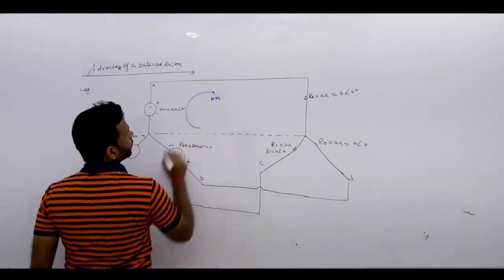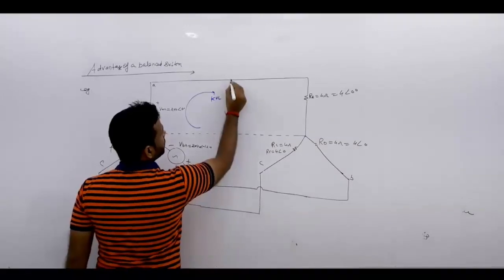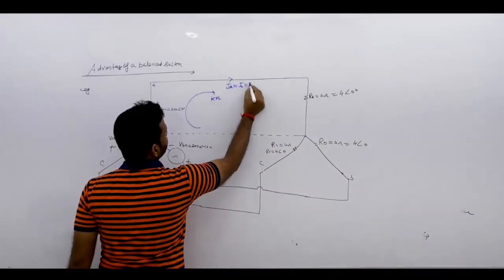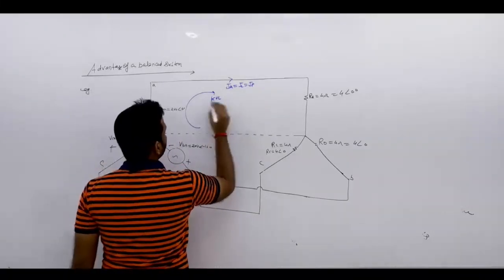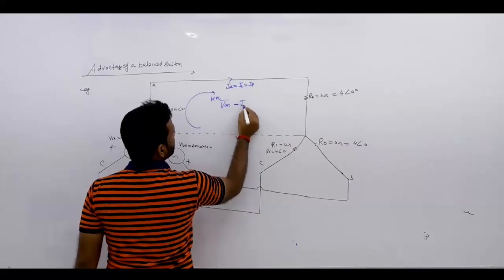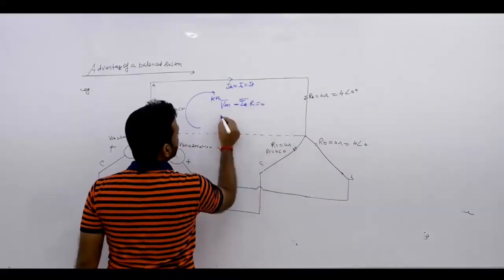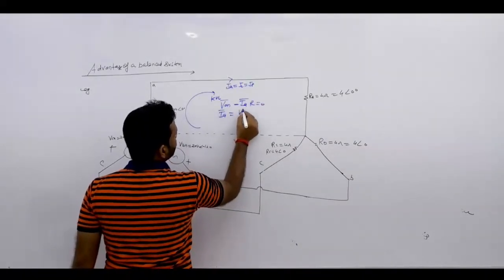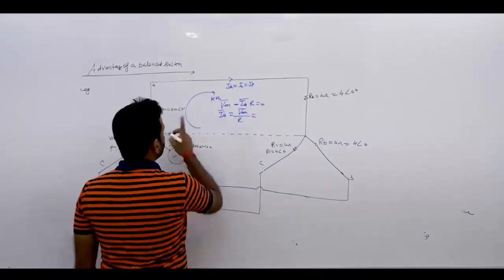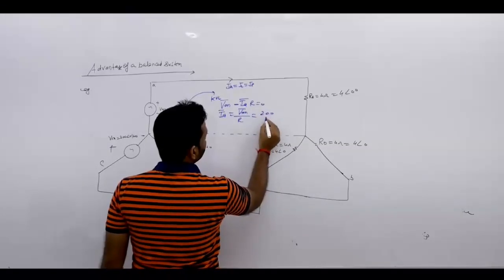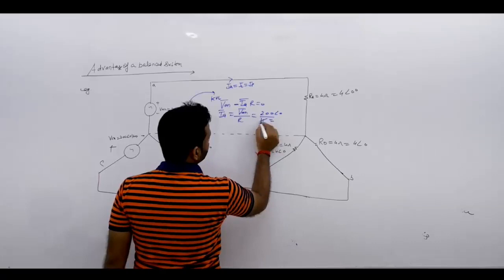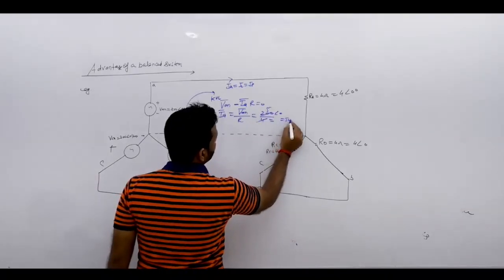Now if you apply the KVL to this loop, then this is your IA, which is also called the line current or the phase current. So if you apply the KVL, VAN minus IA into R equals 0. From that, IA equals VAN upon R. So it is 200 divided by 4 angle 0 degree, so it is 50 angle 0 degree.